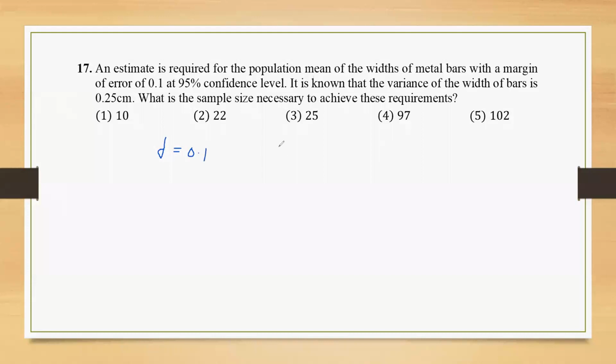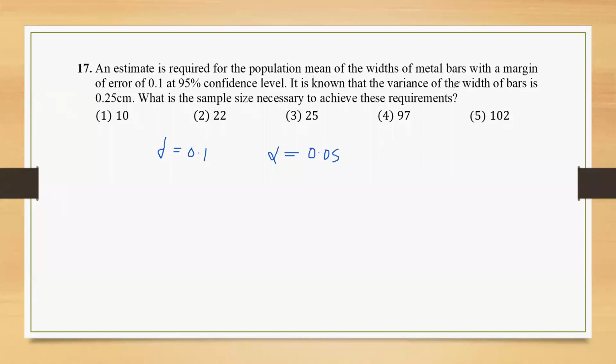Then the alpha value or the significance level. So you know that 95% is the 1 minus alpha, that is the confidence level. Then the alpha is 1 minus 0.95, that is 0.05.